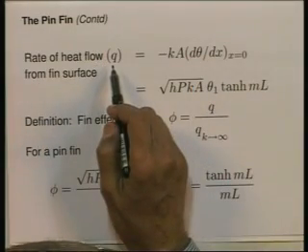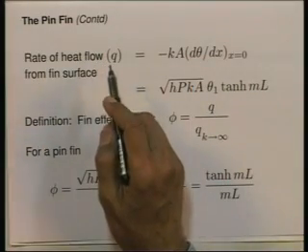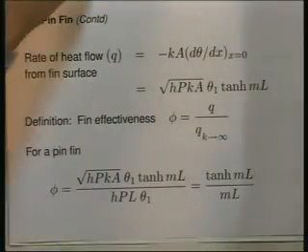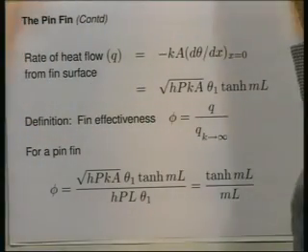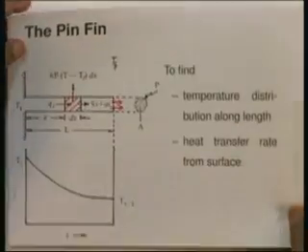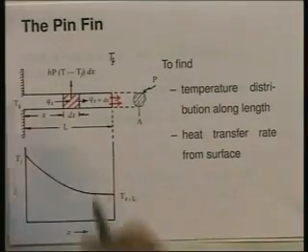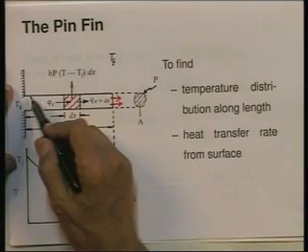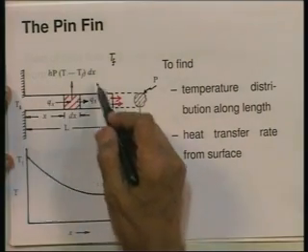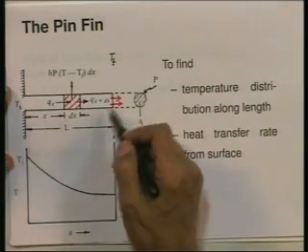Once we have got the temperature distribution, we can solve for the rate of heat flow from the fin surface. That is the second thing we are interested in. What is the rate of heat flow from the fin surface? That we will call Q, so many watts. What will it be? If I go back to the fin again for a moment, we want the rate at which heat is flowing out through the fin surface, like this, all over to the surroundings.